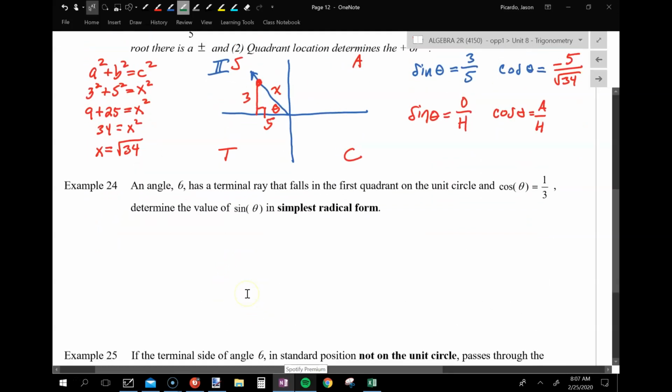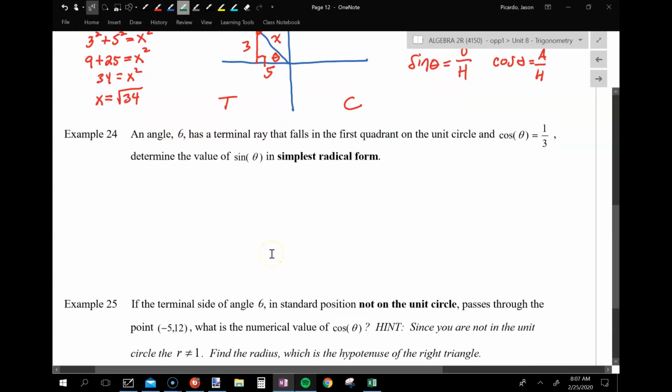24, right? Similar problem, except they said the terminal ray falls in which quadrant? Quadrant number 1. There's my point, there's my drop, there's my angle.